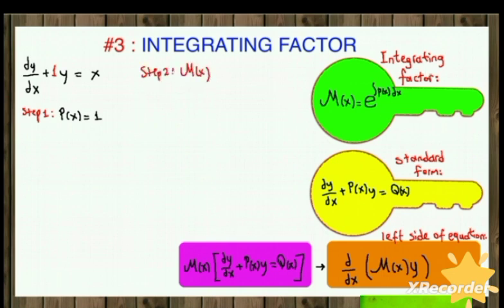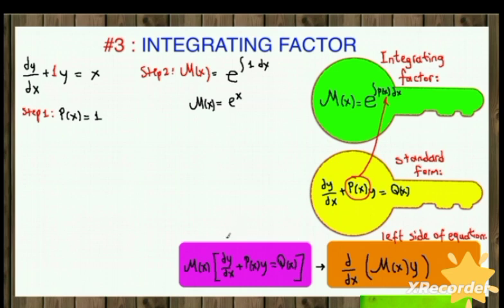Mu of x is the integrating factor, and the formula to find mu of x is e to the integral of p of x dx, and p of x is again the function in front of the y. So let's find mu of x as our second step. Our p of x is 1, so the integral of 1 dx is x. The integral of 1 with respect to x is x. So our integrating factor is e to the x.